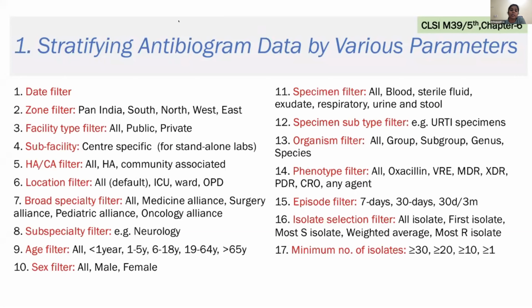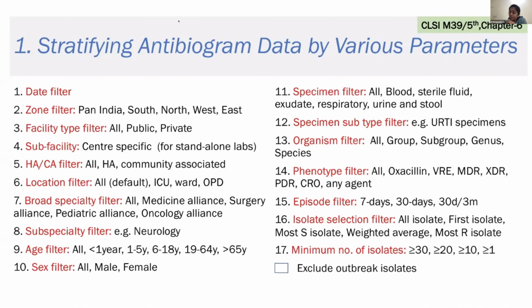Mostly we choose 30 isolates. So all these filters can be applied to generate a better antibiogram catering to the needs of the clinician. For everything, the common factor is you do not include outbreak isolates or surveillance sample isolates for collecting the data. You exclude the outbreak isolates.